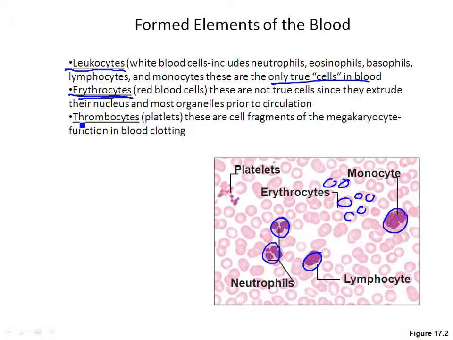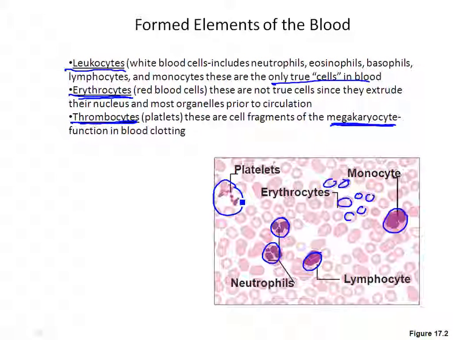Then you also have the thrombocytes, and those are commonly referred to as the platelets. And those are these little things right here, and they're basically just little cell fragments of the cell known as the megakaryocyte. Mega meaning big. So that's a big cell that basically breaks into little fragments, and it forms these little platelets.